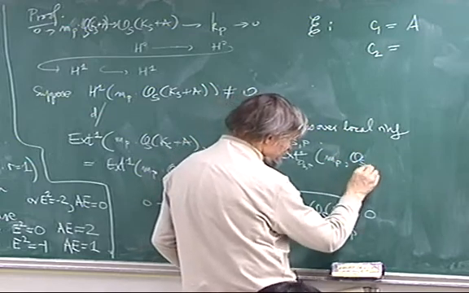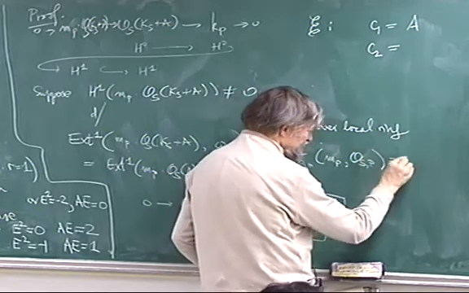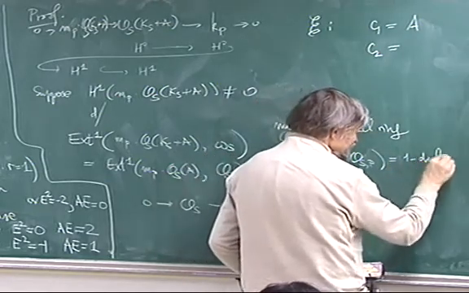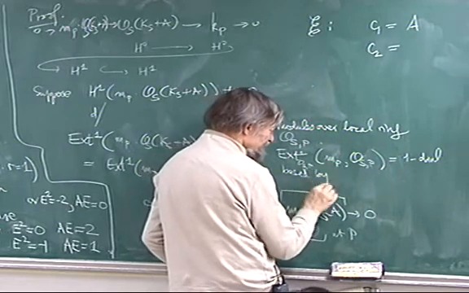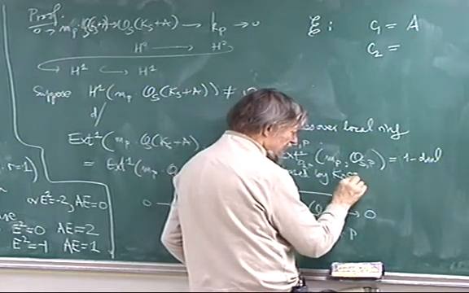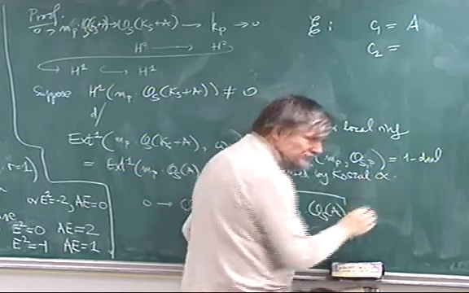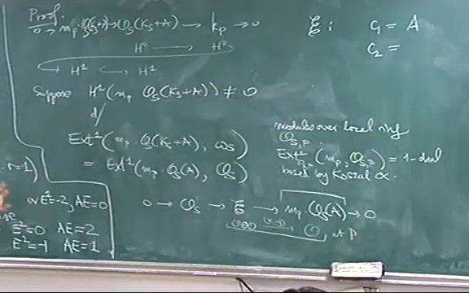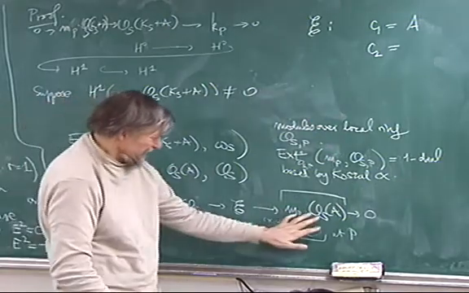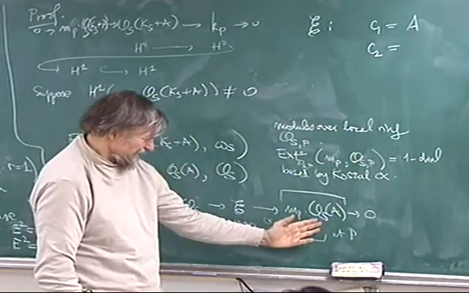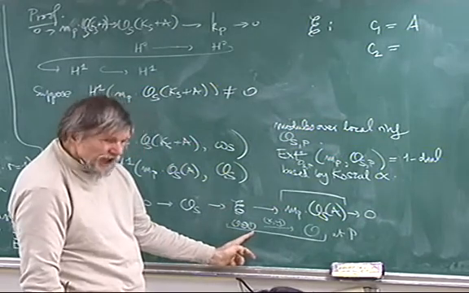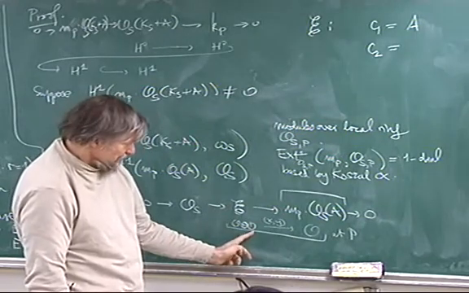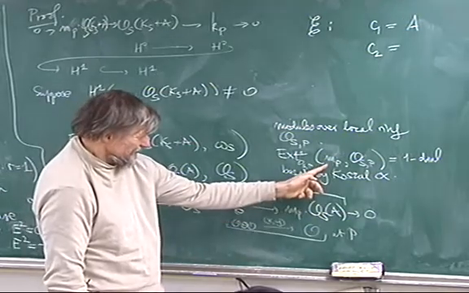O_{S,P}, this is one-dimensional, and it's based by the Godeaux complex. Right. So as extensions of local rings here, there is the trivial extension, where this thing here looks like O direct sum the maximal ideal. Right. And there is this extension.